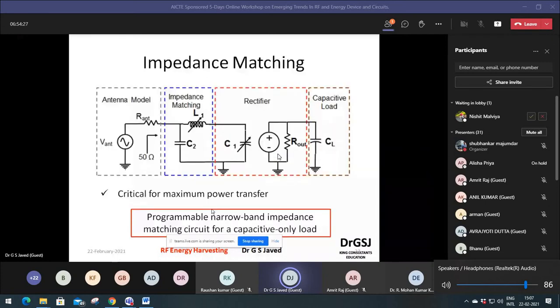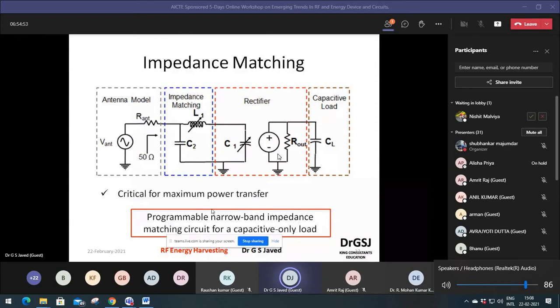So in RF energy harvesting, the first thing that you need to understand is impedance matching. Impedance matching is critical for maximum power transfer. The antenna that we have had a modeling done, along with the amount of voltage source that it can absorb, and that antenna was tuned for 50 ohms.